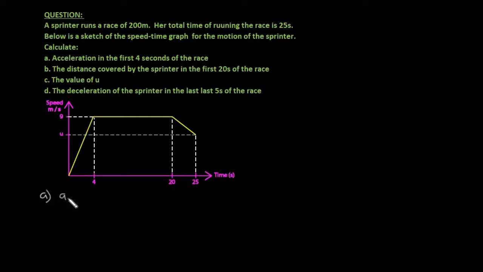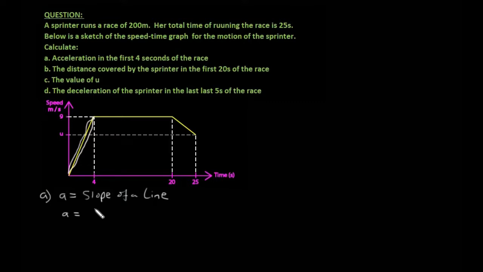we know that acceleration in a speed-time graph or velocity-time graph is equal to the slope of a line. This is the line. We know that the sprinter is accelerating. Hence, acceleration is equal to the slope of a line.